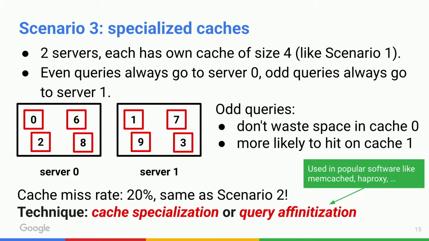Right? So in this super simplistic situation, we got the same cache miss rate with the distributed cache as we would have with the unified cache. Right? And so that's really the holy grail of cache affinity. And I'll mention that this sort of cache specialization or query affinitization is done in popular software like memcached, HAProxy, et cetera.